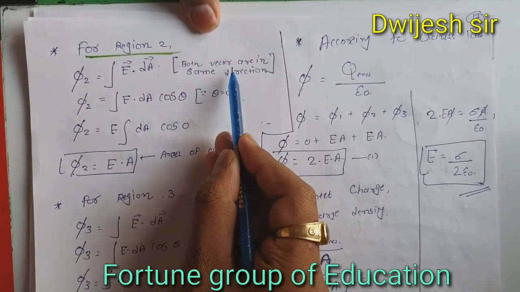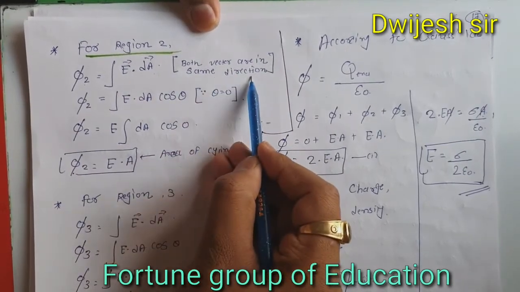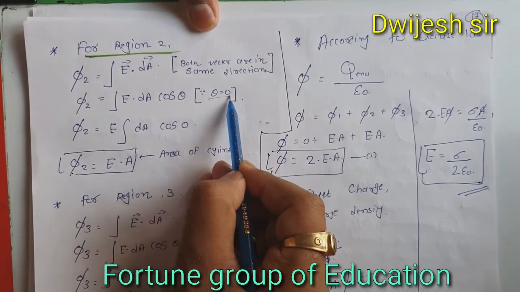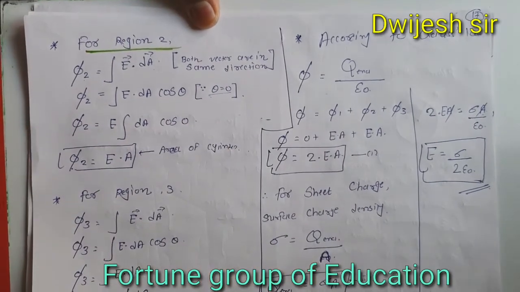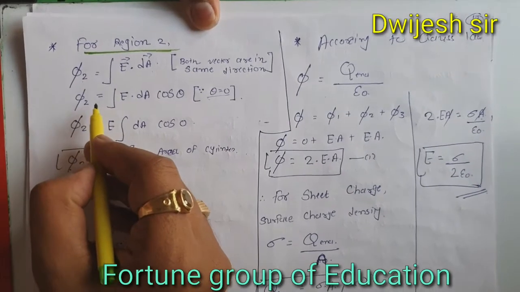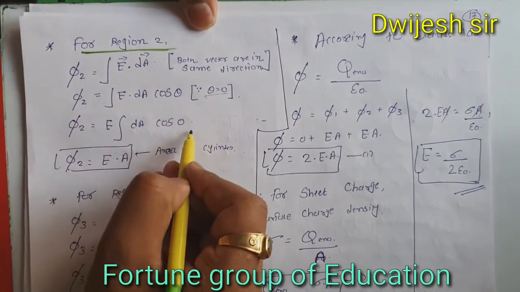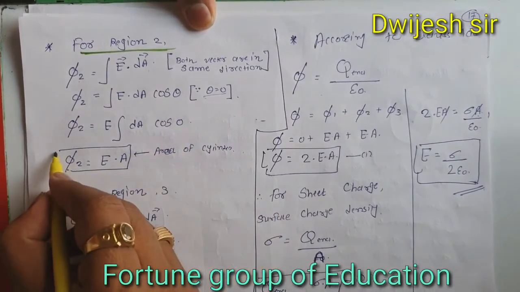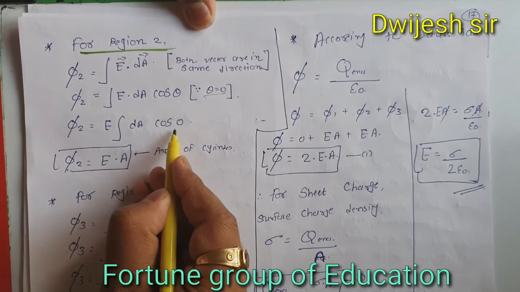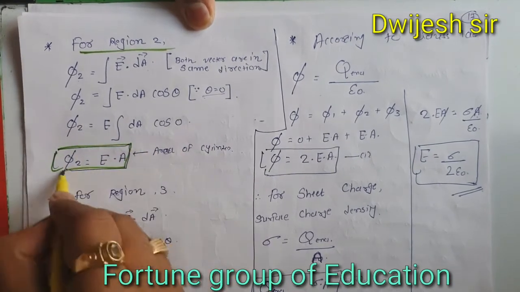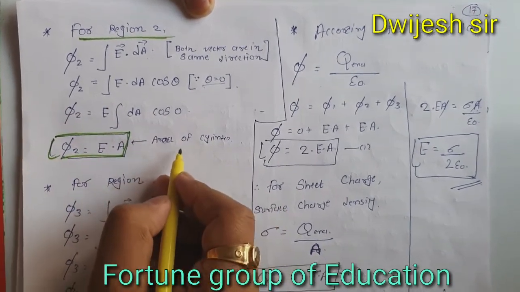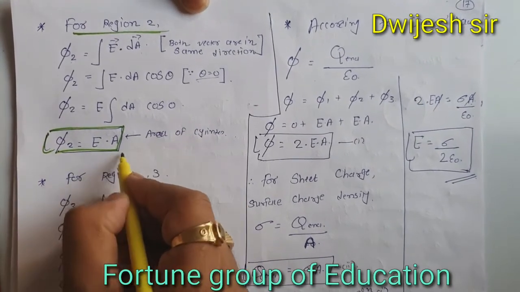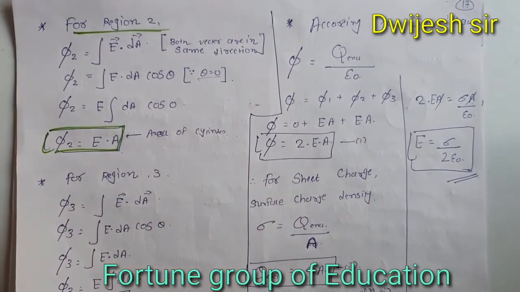Both the area vector and the electric field are in the same direction, so the angle will be 0. Now phi2 equals E dA cos theta. We place 0 here, so cos 0, the value of cos 0 is 1. So the flux phi2 of region 2 is E times A, where capital A indicates the area of the cylinder.